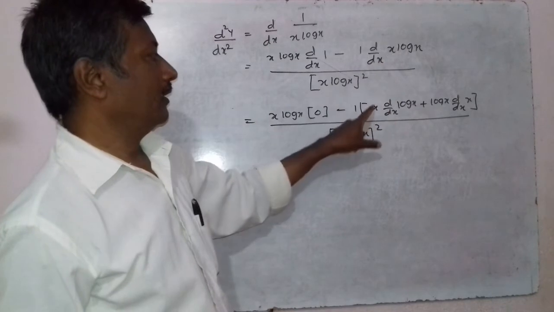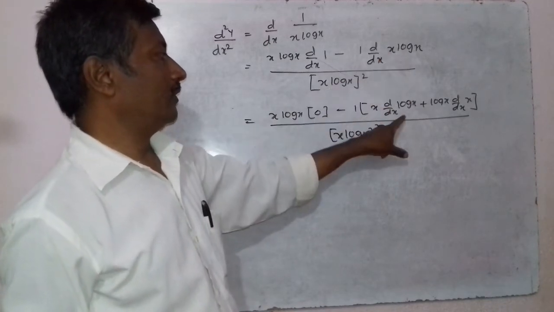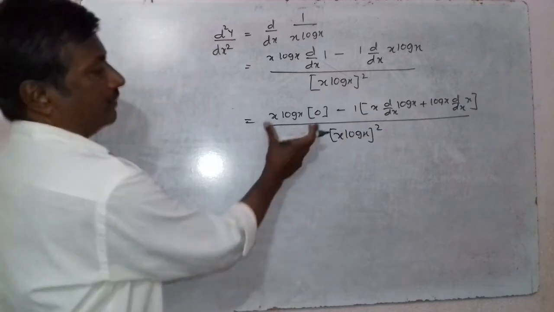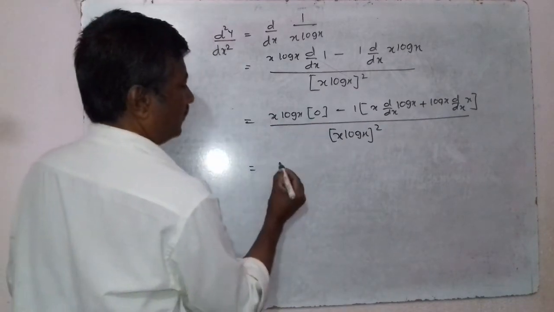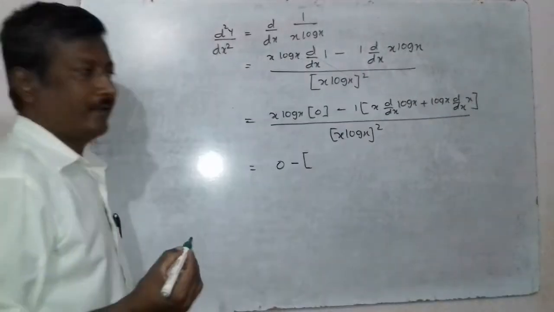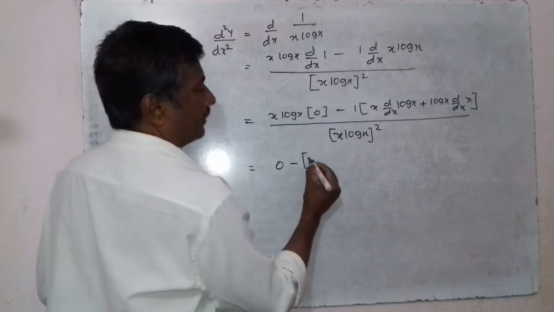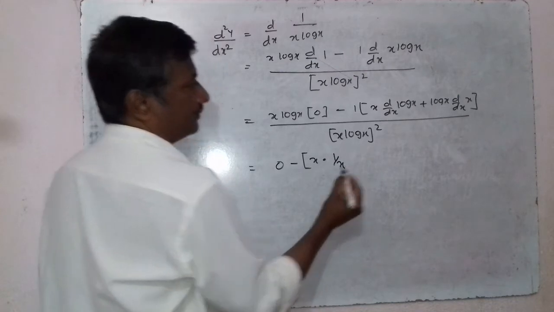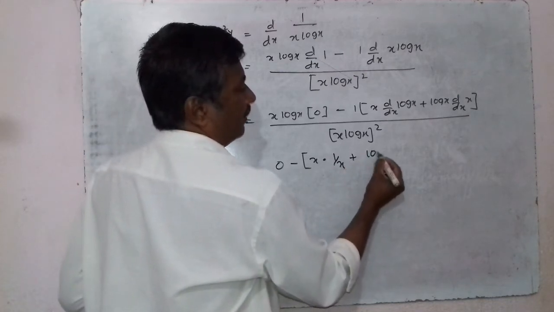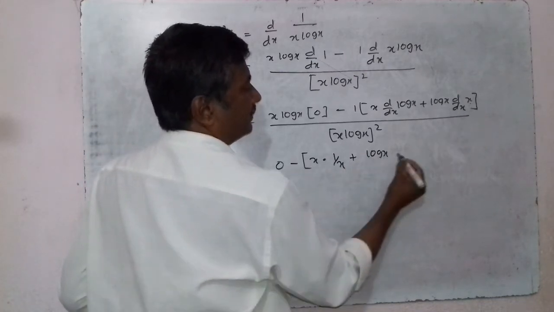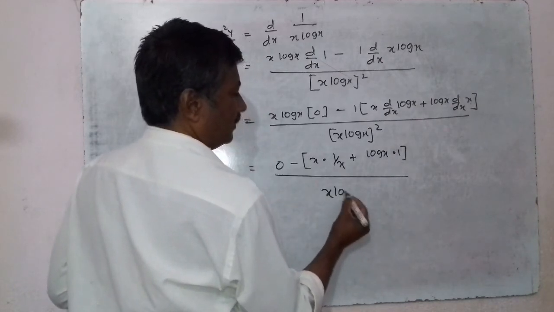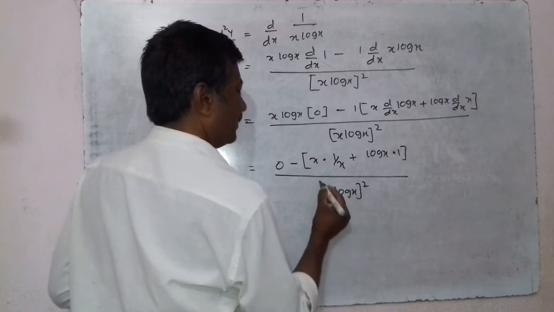Product rule: x dy dx of log x plus log x dy dx of x, and this becomes 0. Minus into bracket x, the derivative of log x is 1 by x, plus log x, the derivative of x is 1, divided by x log x bracket square.